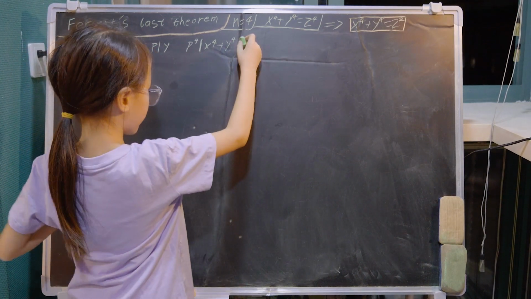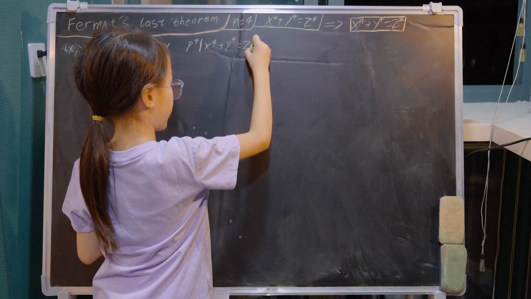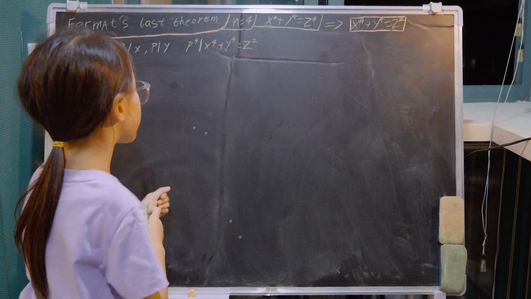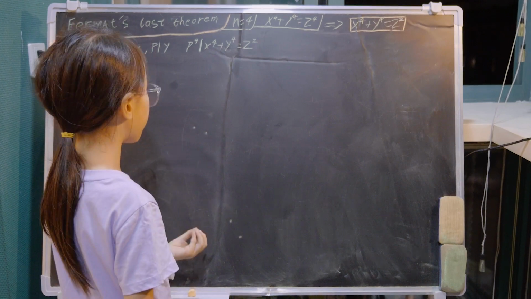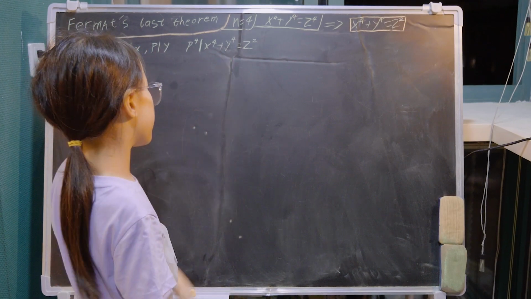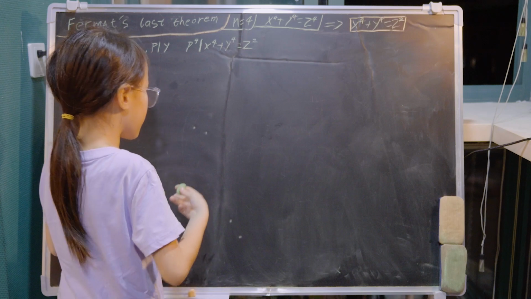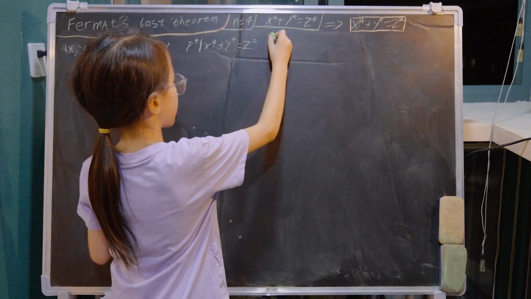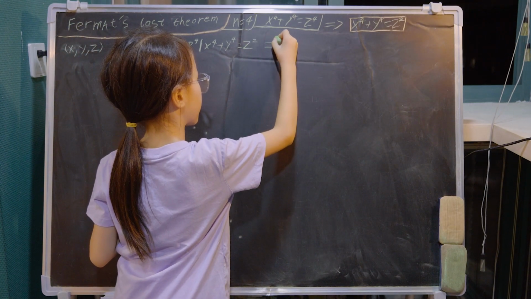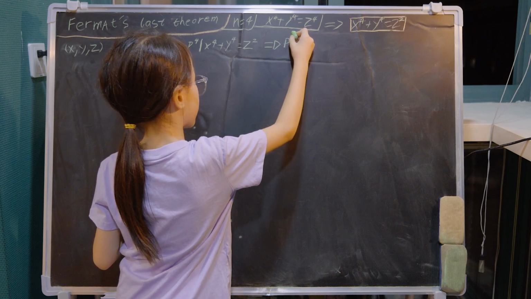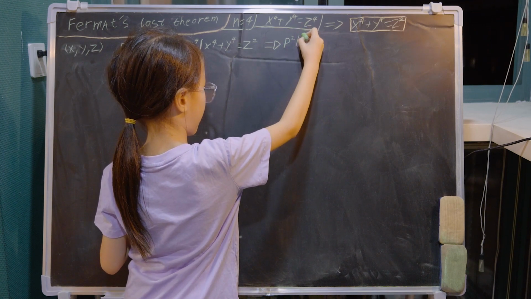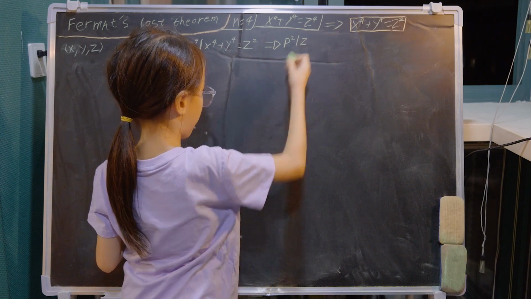So that's equal to z to the 2, which tells us p to the 4 is a divisor of z to the 2. So that tells us p to the 2 is a divisor of z.